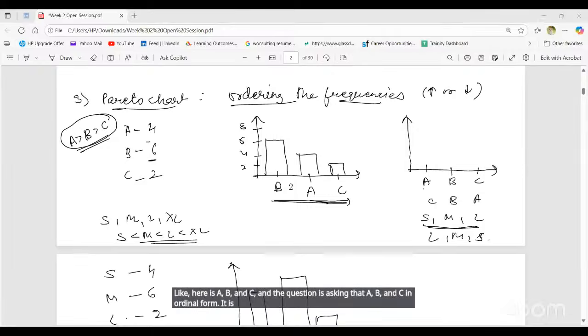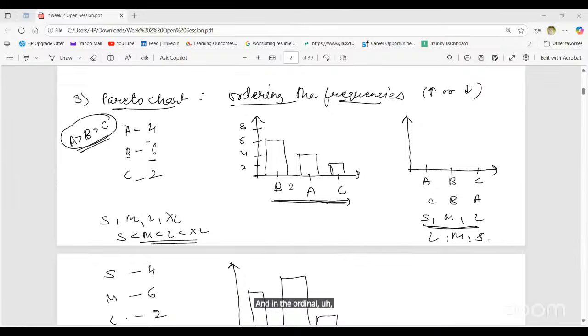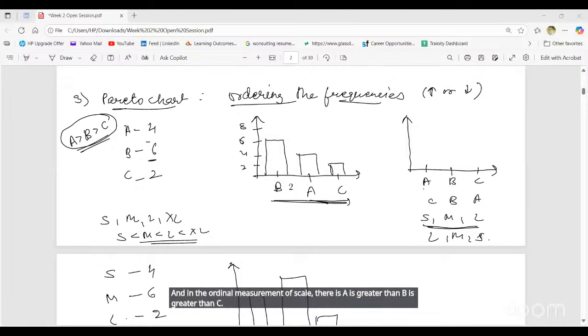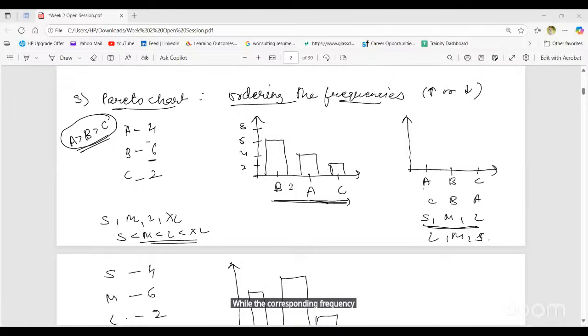It is a categorical variable, and in the ordinal measurement scale, A is greater than B is greater than C, while the corresponding frequency is not sorted. A is 4, B is 6, C is 2. If we put A, B, and C on the horizontal axis, we can say that it is a Pareto chart because the data is in ordinal form, not the frequency.